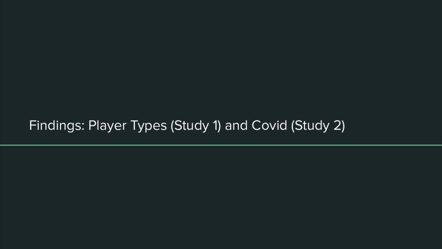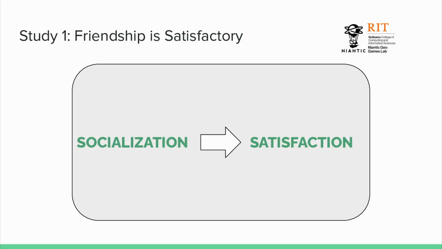So the first finding from the first study is that socialization results in satisfaction, right? And by that, I mean socialization is essential to location-based games. Literally, it's critical. It's a natural part of any location-based game.